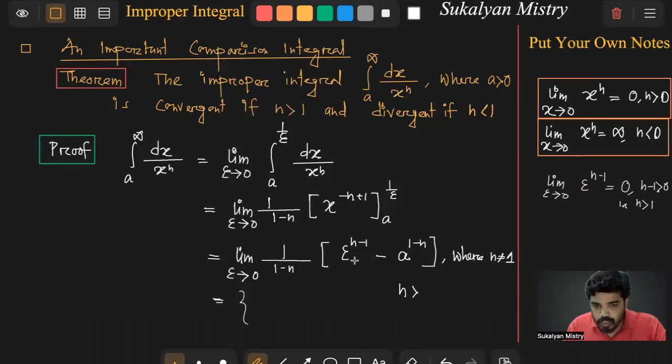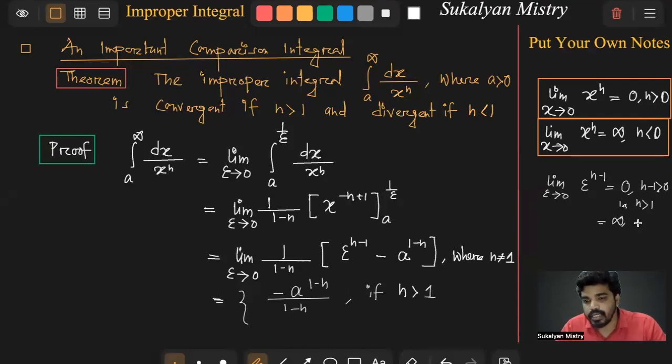so that equal to, epsilon is equal to 0 put করছি, so what do we get: minus a to the power 1 minus n divided by 1 minus n, okay, if n is greater than 1. এবার এটা undefined কখন হবে, this is undefined if n minus 1 is less than 0.